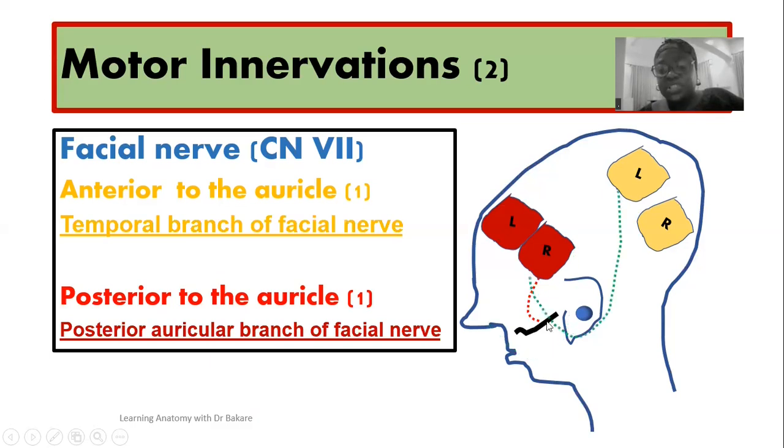So we have the posterior auricular nerve here emerging also from the facial nerve, but of course supplying the posterior region of the scalp. So you see these two branches, the temporal branch and also the posterior auricular branch emerging from the facial nerve. And of course, this is seen to give the motor innervations of the scalp.